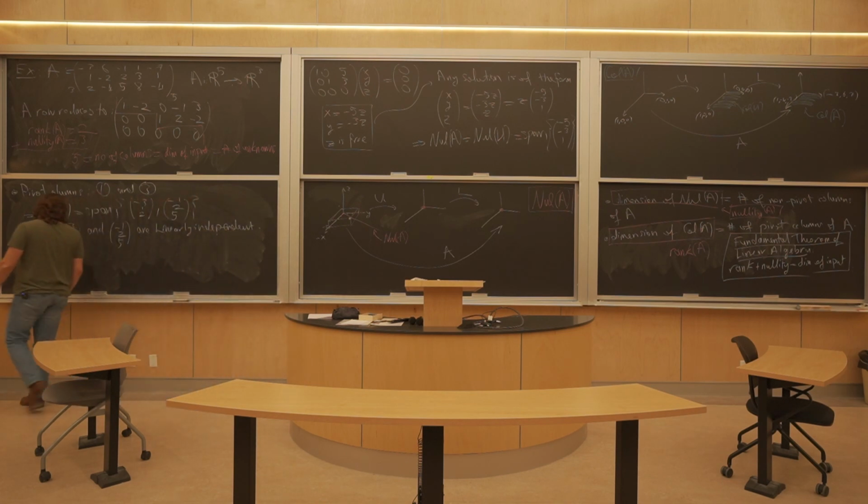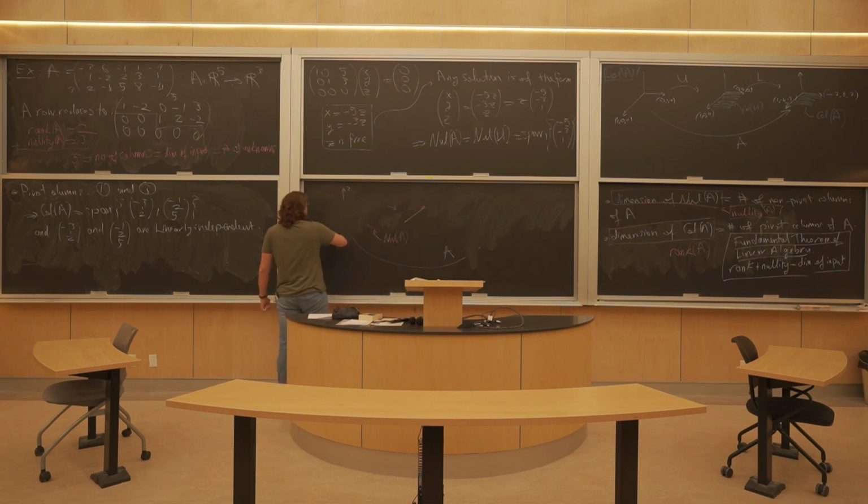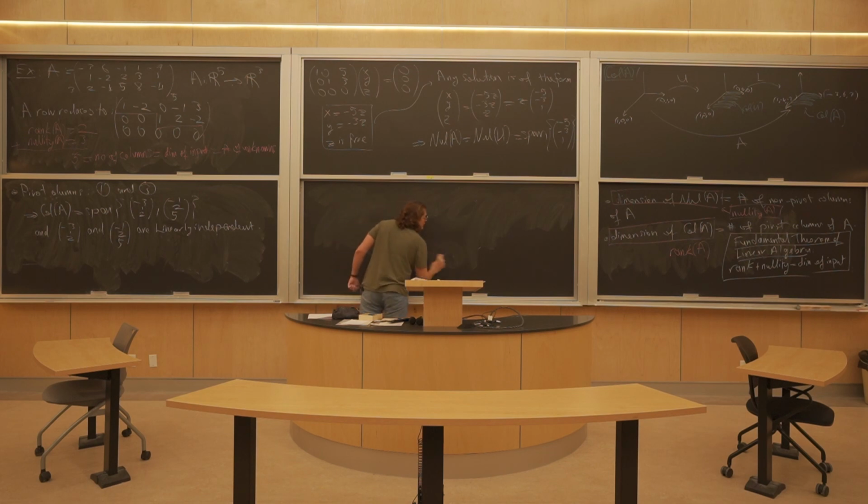For any subspace whatsoever, it doesn't need to be the null space or the column space, if you can find a set of vectors that are both spanning the whole space and are linearly independent, that is called a basis. That's an important definition. So important that I'm writing the definition here.